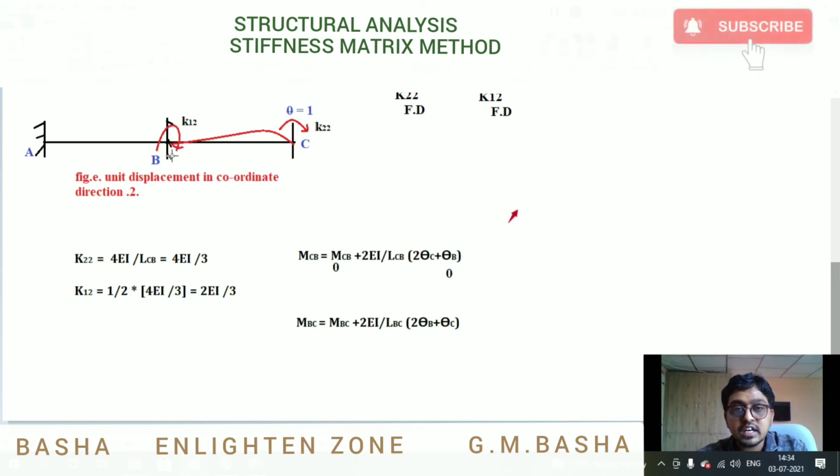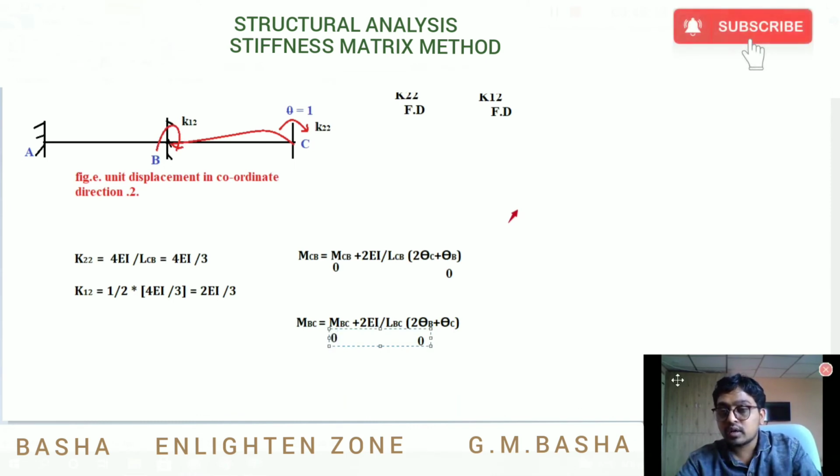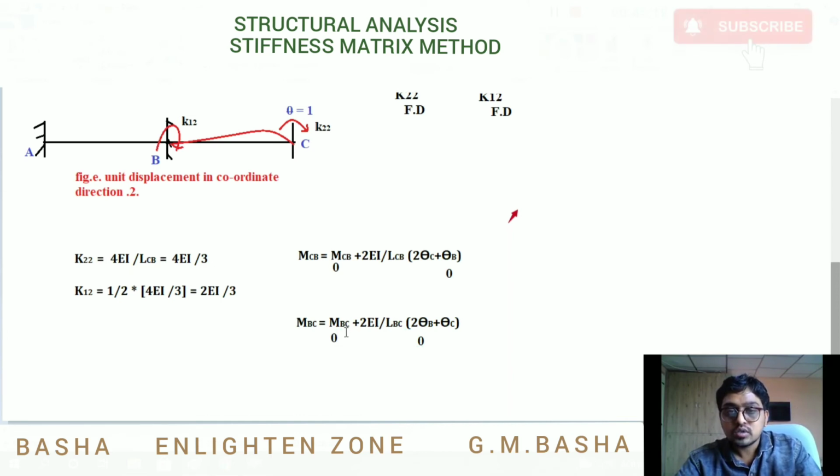The slope at this fixed end will be equal to 0, therefore theta B will be equal to 0. And MBC also has 0 fixed end moment because we are not considering the given loading conditions.